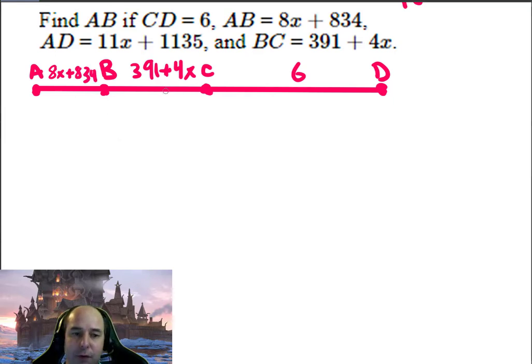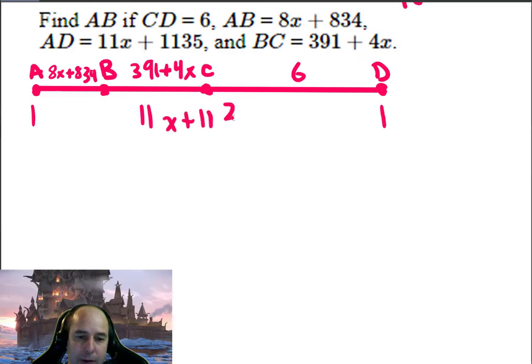So 8x plus 834, 391 plus 4x, and CD is what? That's 6. And then finally AD, this total distance here, the total is 11x plus 1135, all right?